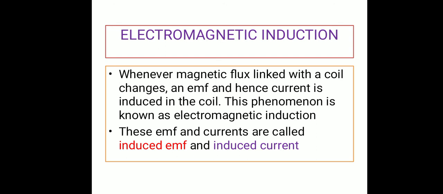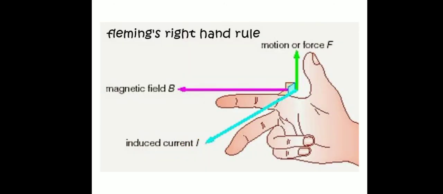Now the next very important point is how to find the direction of the induced current. For this, Fleming's right hand rule is used. It is also called the dynamo rule. Stretch the thumb, the forefinger and the central finger of the right hand so that they are mutually perpendicular to each other.